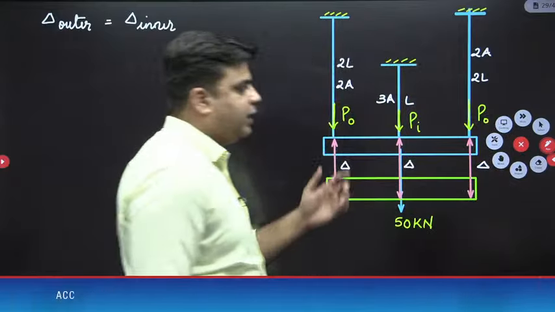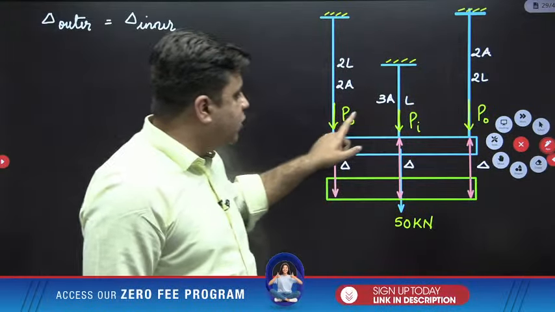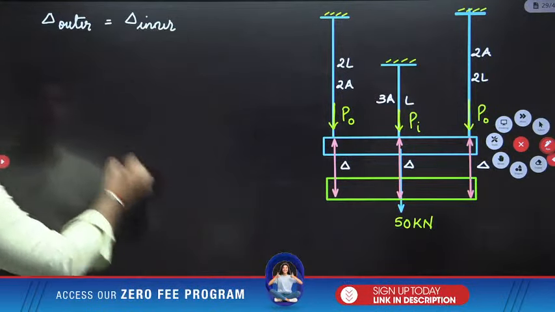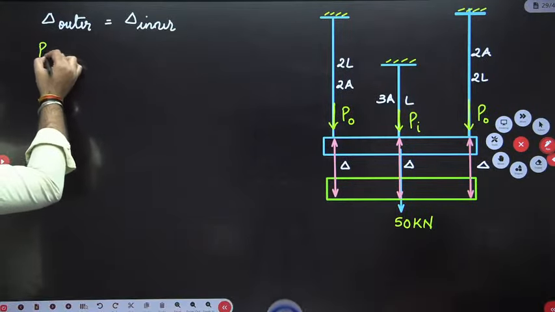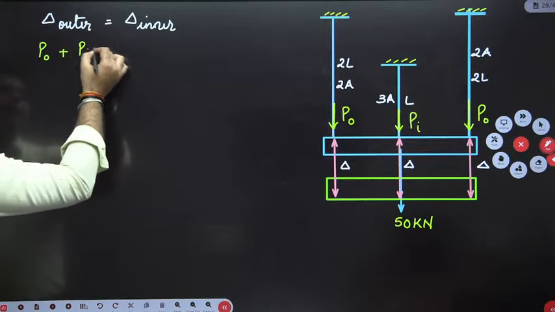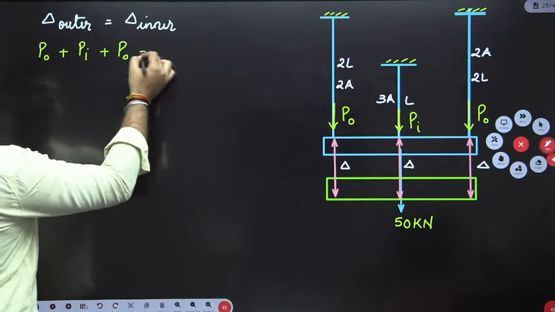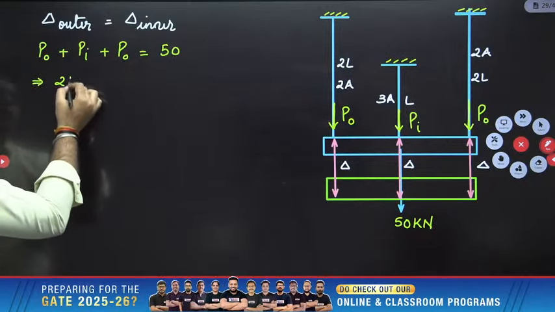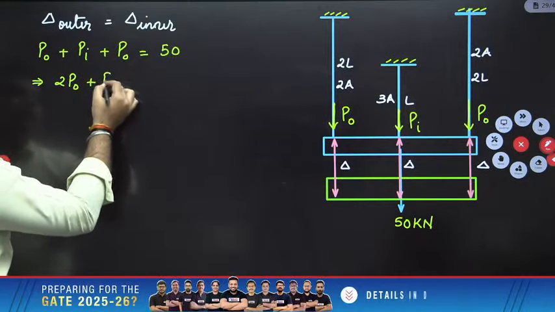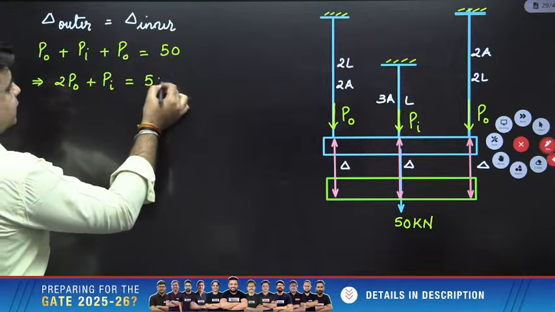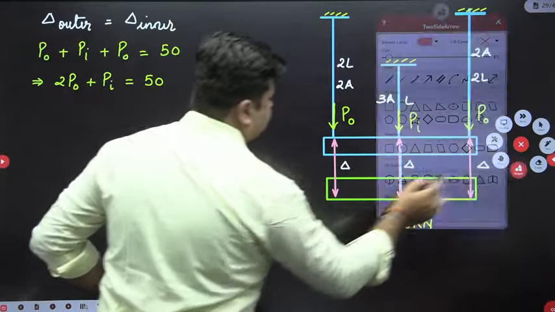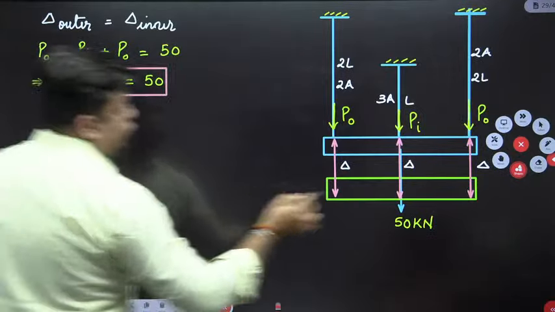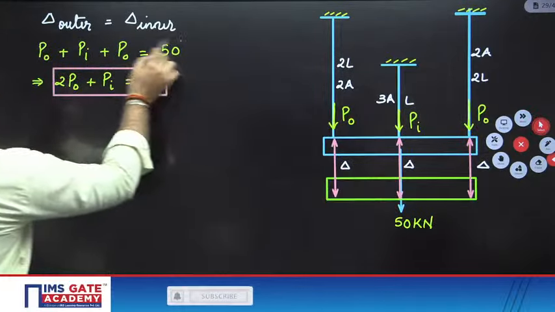So from the equilibrium, I can write down P outer plus P inner plus P outer is equal to 50 kilonewton. So the value of 2 P outer plus P inner is equal to 50. That is the first thing that I got here, that 2 P outer plus P inner is equal to 50.